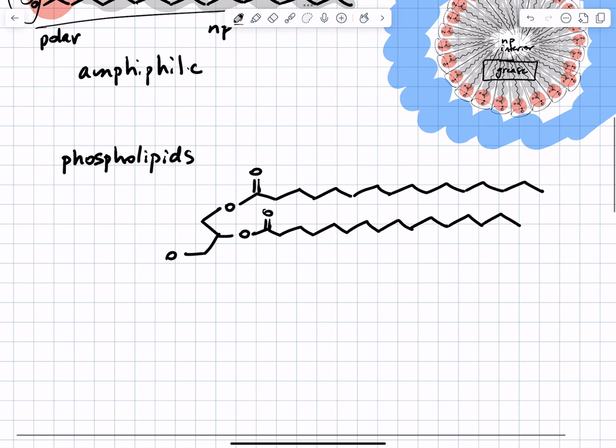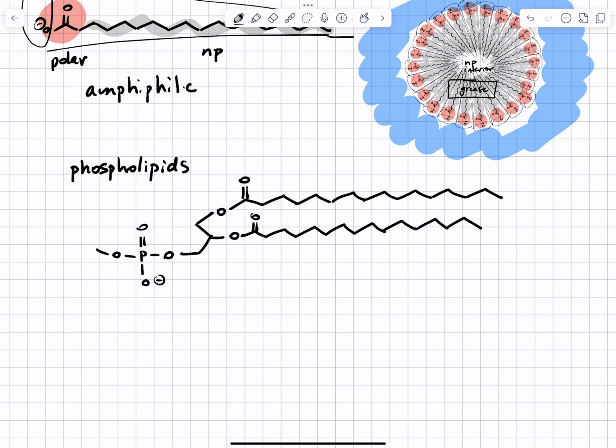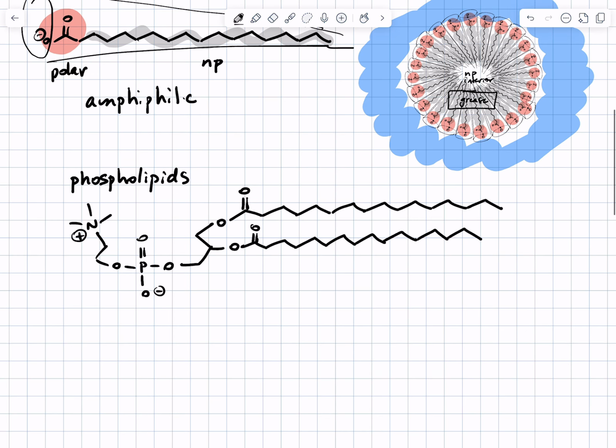And then the third oxygen is bonded to a phosphate group. That phosphate group is usually bonded to something else, and it's often polar too. So in this case, the phosphate group is bonded to 2 carbons and then a nitrogen that's bonded to 3 other carbons, and so it's got a permanent positive formal charge.